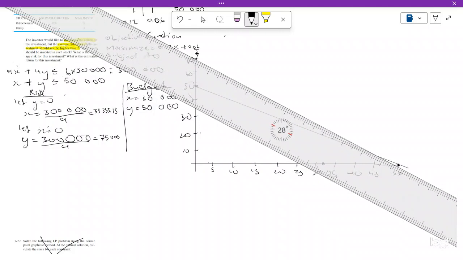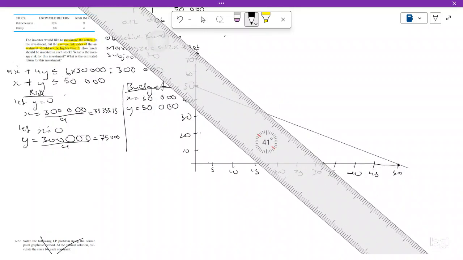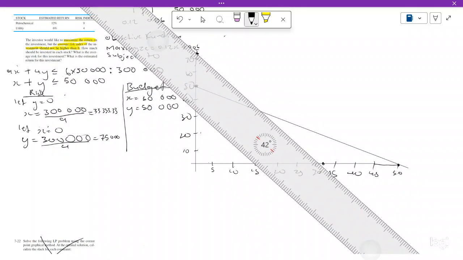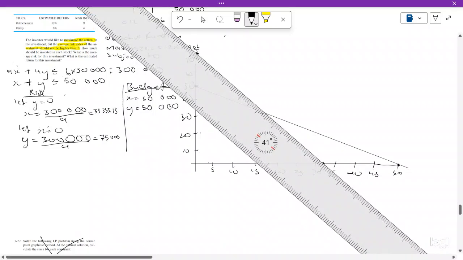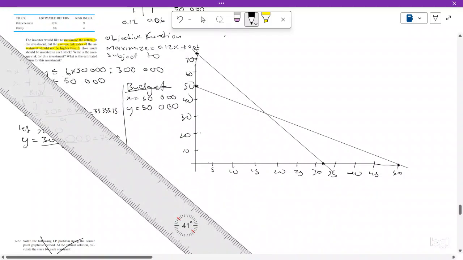Then here, negative, plus, where's y? Okay, I skipped y. A small mistake will lead to your answer being completely wrong.